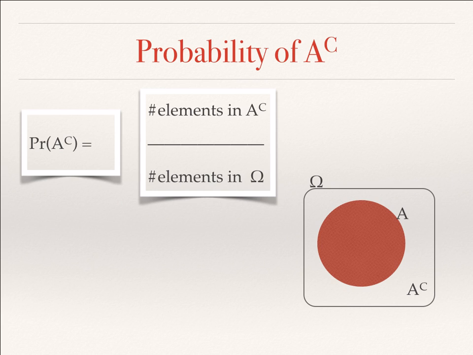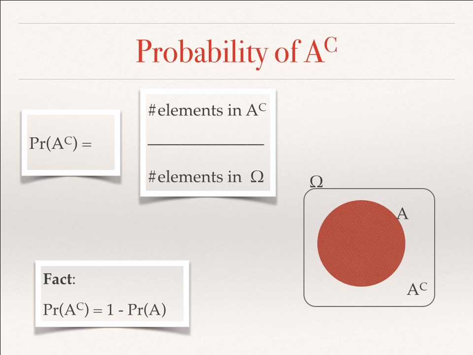An interesting fact about the probability of the complement is that it is the same as 1 minus the probability of A. You can verify that by thinking about this a little bit. From the picture, this should be fairly clear.